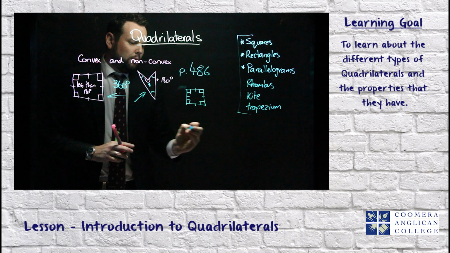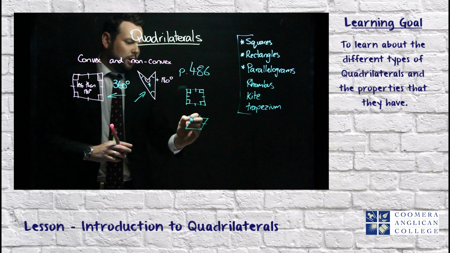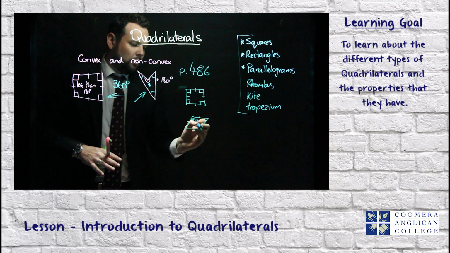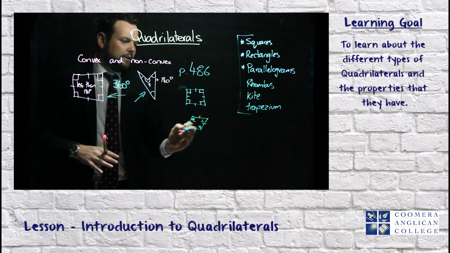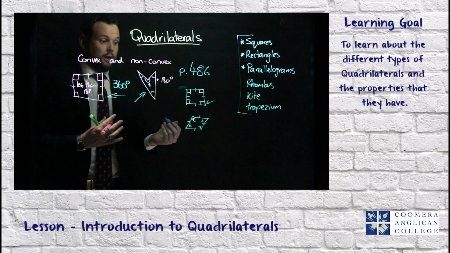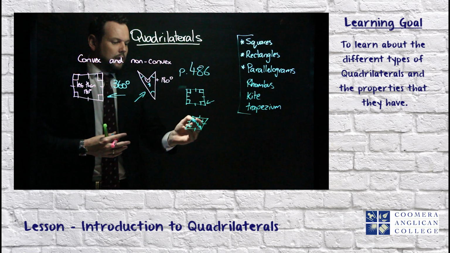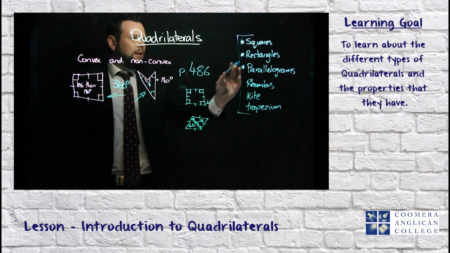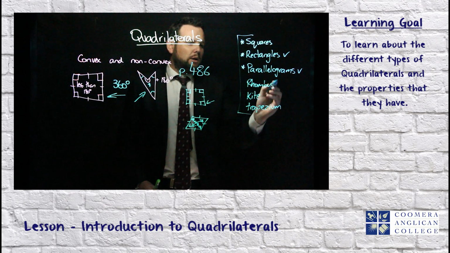What you end up with is a shape that looks like this. All sides are still equal, but we have opposite angles being equal to each other. So rather than having all 4 angles equal 90 degrees, opposite angles equal the same amount, but obviously A and B are different there, okay?